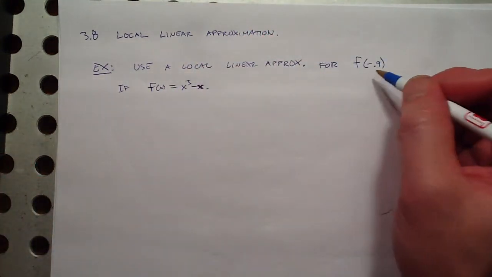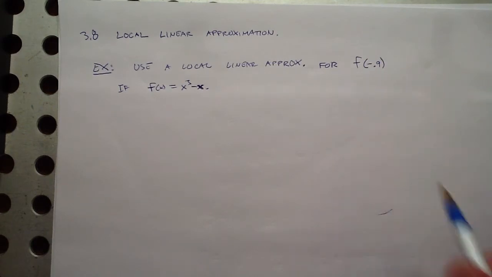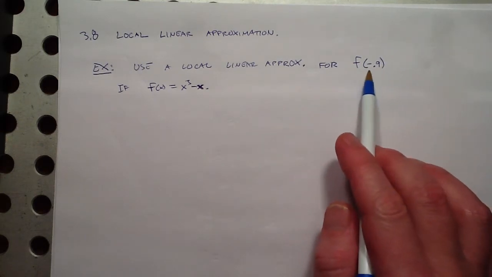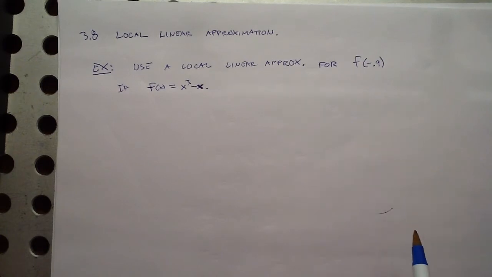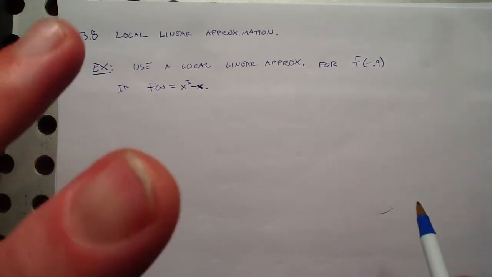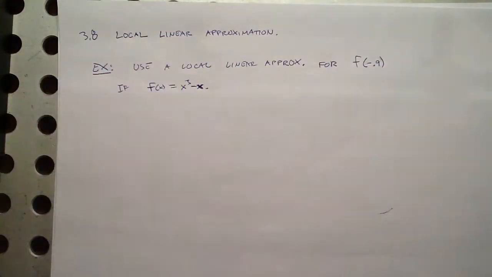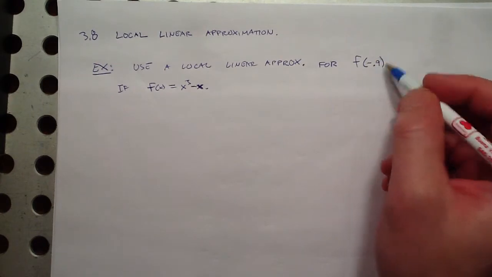Well, sometimes they tell you where to find the tangent line, but sometimes you have to figure it out. We don't want to go finding tangent lines at relatively unpleasant numbers like -0.9. That wouldn't be very fun, especially not without a calculator. So let's think of some number that's near this, but nice, right? Can you see the quotation marks? A nice number. So I think that's pretty clear.